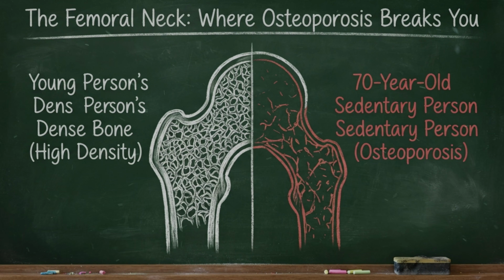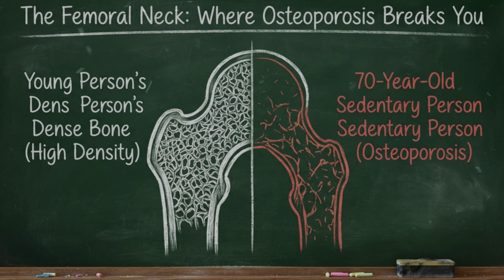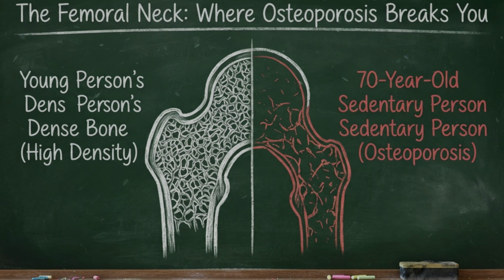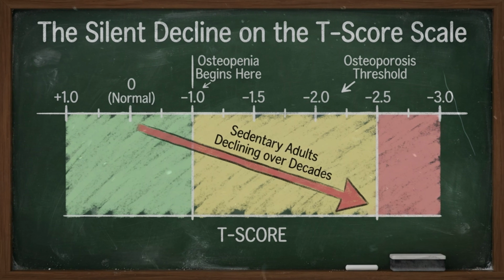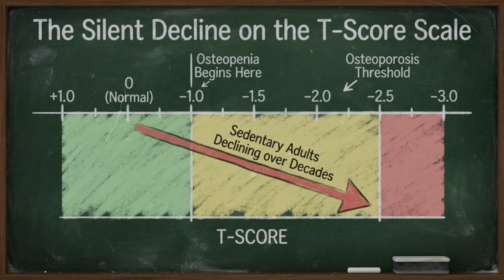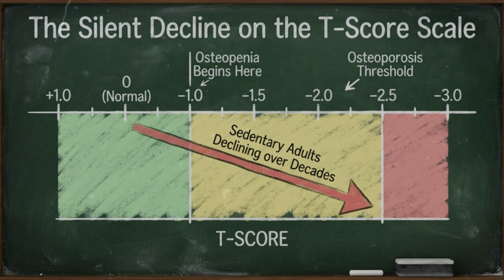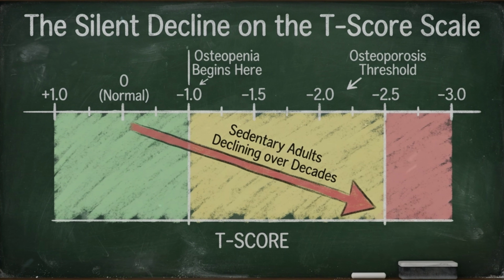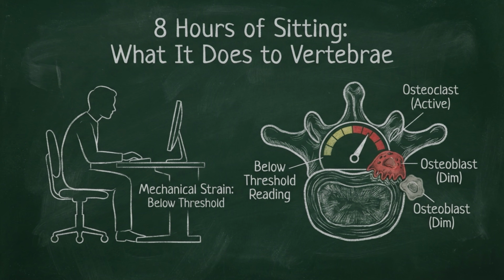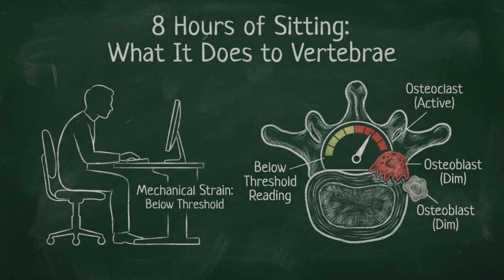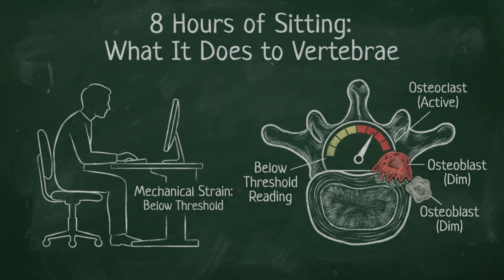The mechanostat does not know that the person is sedentary by cultural circumstance rather than biological necessity. It reads the strains arriving at the osteocytes and produces an output proportional to those strains. Low strains, chronically and consistently below the anabolic threshold, produce a skeleton that is being continuously remodeled into something thinner and less dense than the skeleton that preceded it.